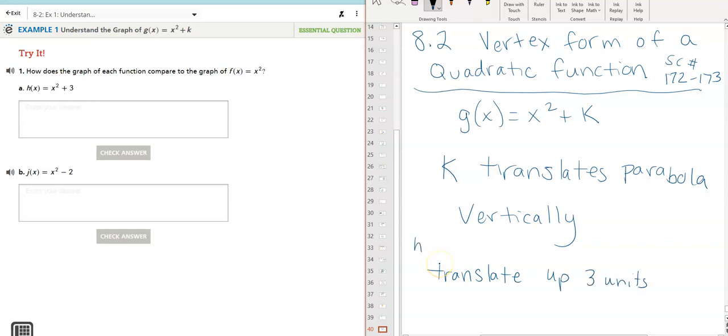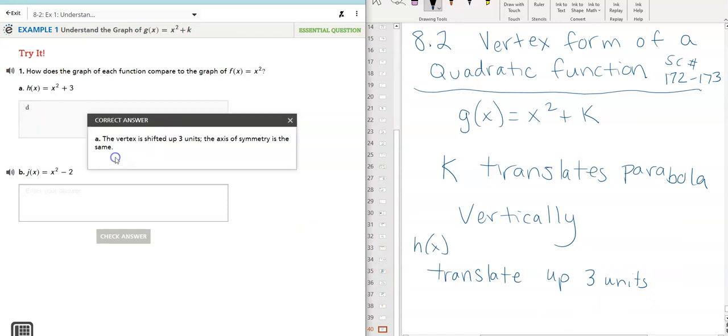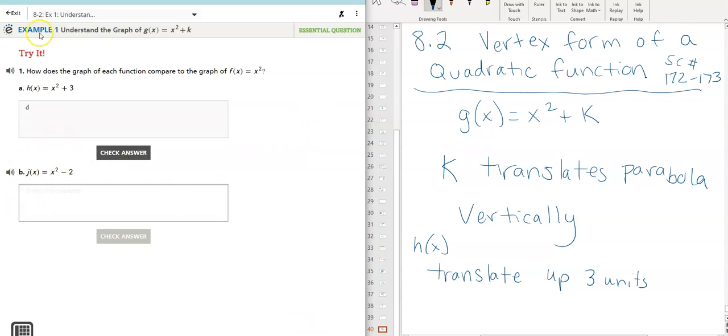Okay, so h of x, whoopsie, is going to translate up 3 units. Right there. Okay, let's check our answer. Shifted up 3 units. We know the axis of symmetry is the same. Beautiful. So go ahead and do B on your own.